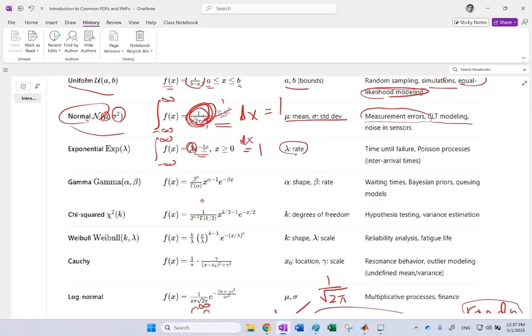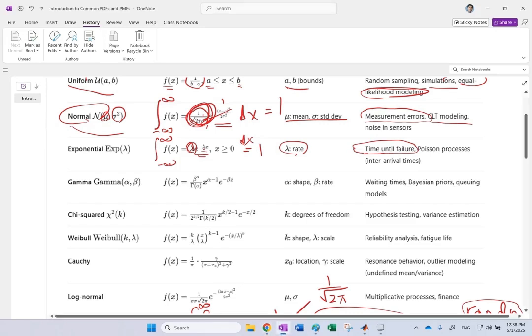Where would you use this? This is used in so many different places when you want to see how much time it takes for something to fail. For instance, if you have electronics and you want to know how much time it takes before some electronic fails, then you can use this kind of distribution.